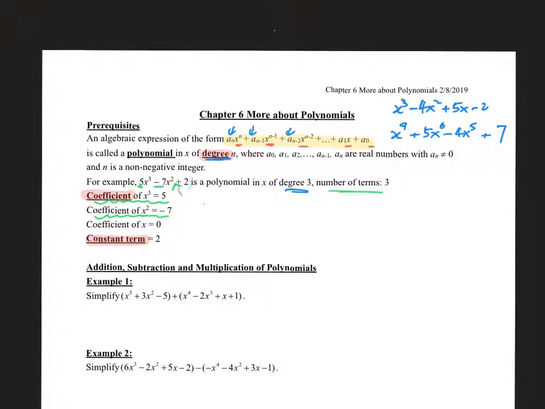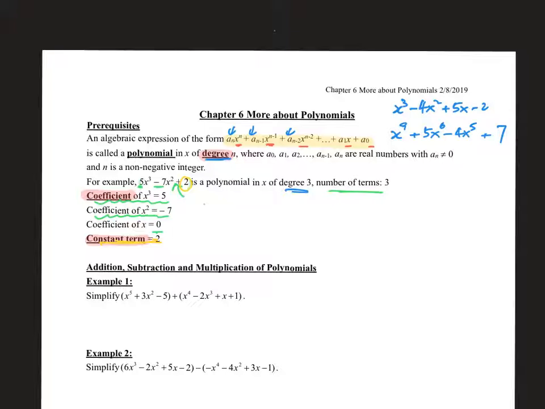If it's missing for the x term, then we say the coefficient of x is equal to 0. Not very difficult, right? And then finally, there may be a term which is just a number, no power of x, and we call it a constant term. So starting from now on, remember these 3 words: degree, coefficient, constant term, as well as the idea of number of terms.